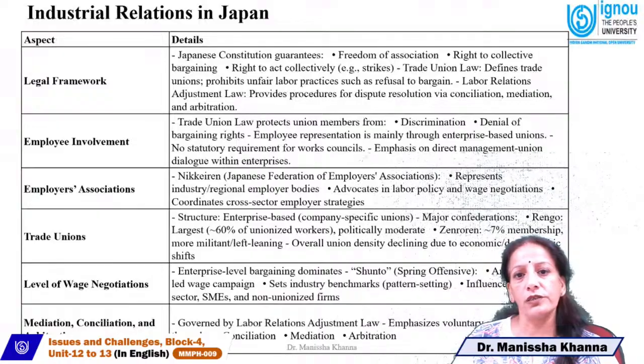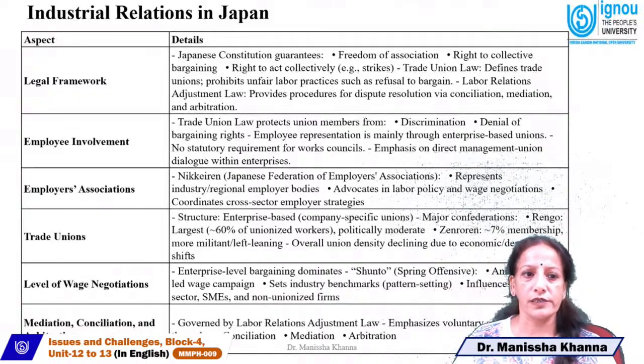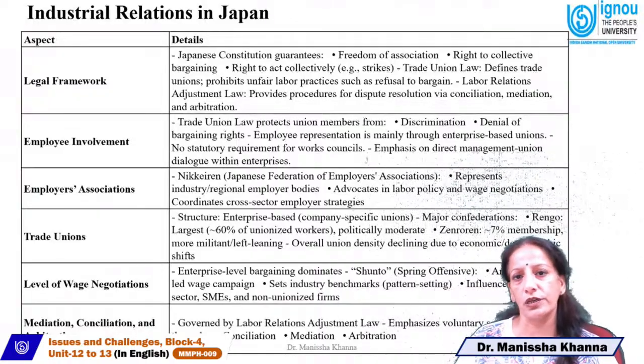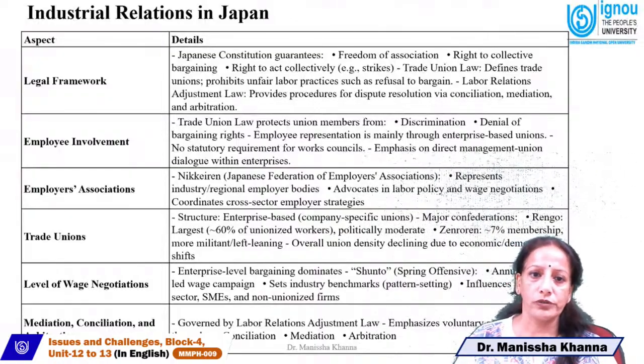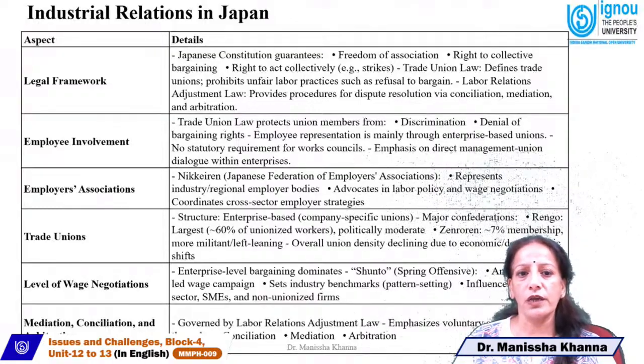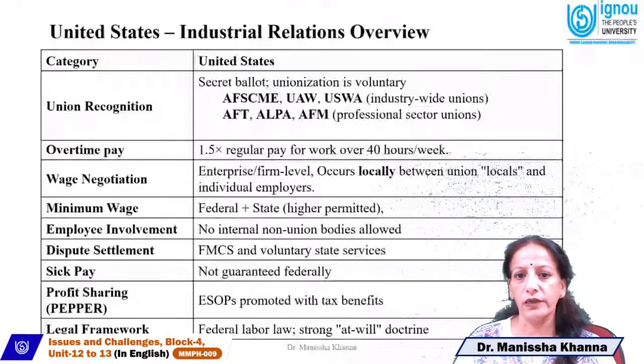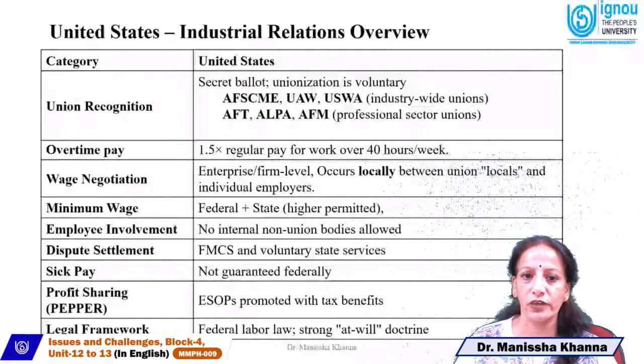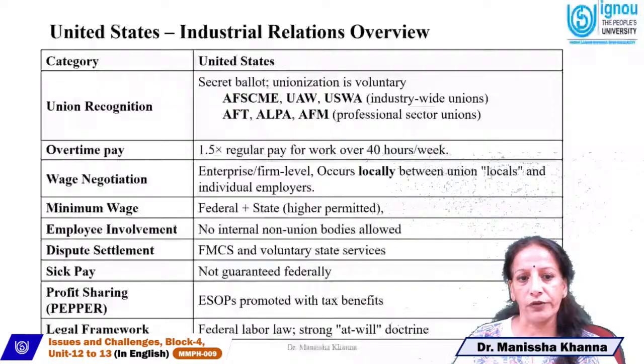Let's see what is the industrial relations overview of the United States. Union recognition is done through secret ballot. Unionization is voluntary. Industry-wide unions are AFSCME, UAW, USW, whereas the professional sector unions are AFT, ALPA, AFM.